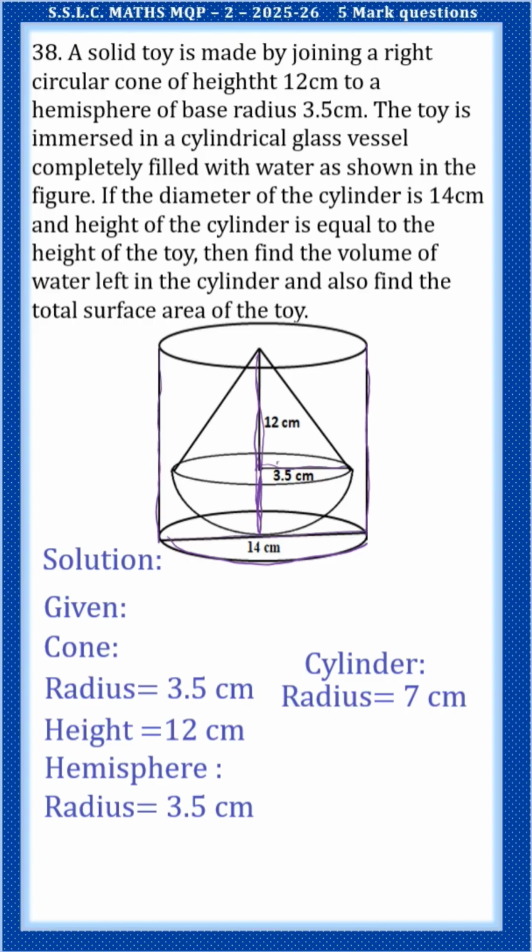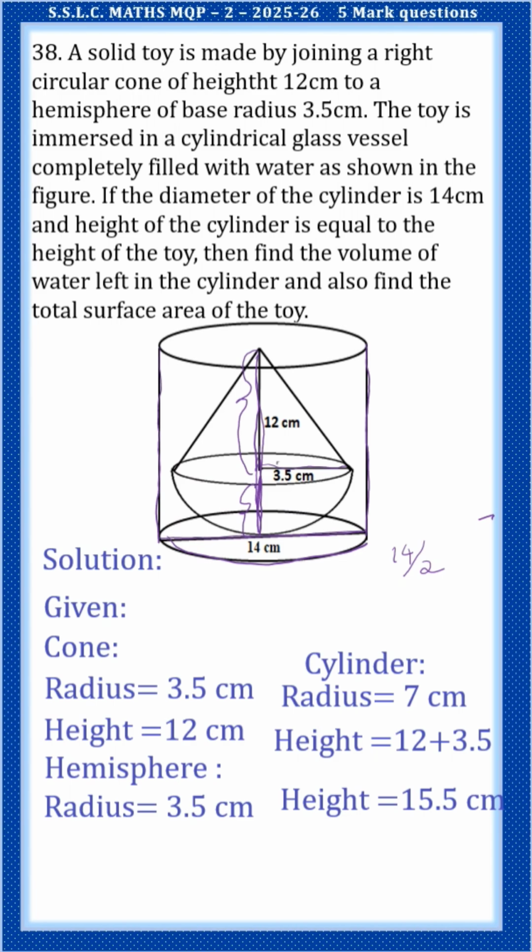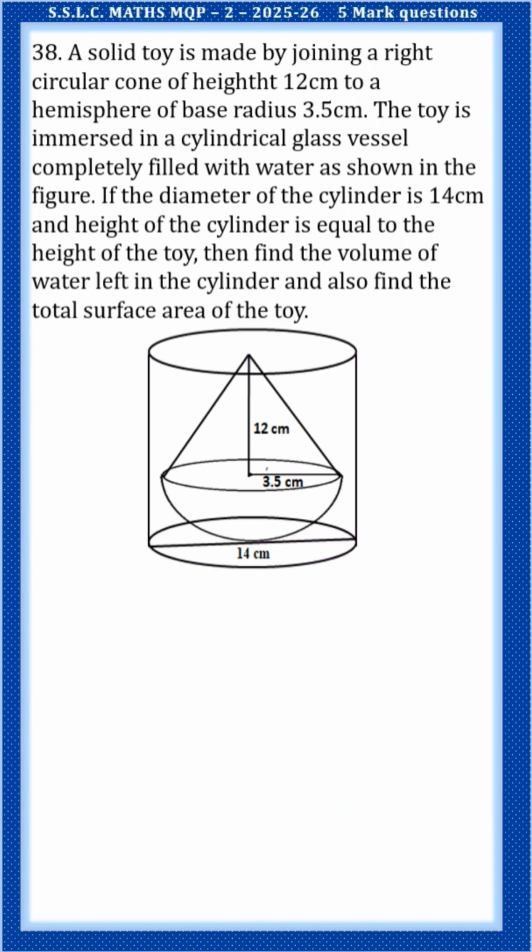For cylinder, radius is 7 centimeter because diameter is 14 centimeter, 14 by 2, that is 7 centimeter. Height of the toy: from here to here 12 centimeter, from here to here 3.5 centimeter, that is equal to 15.5 centimeter.